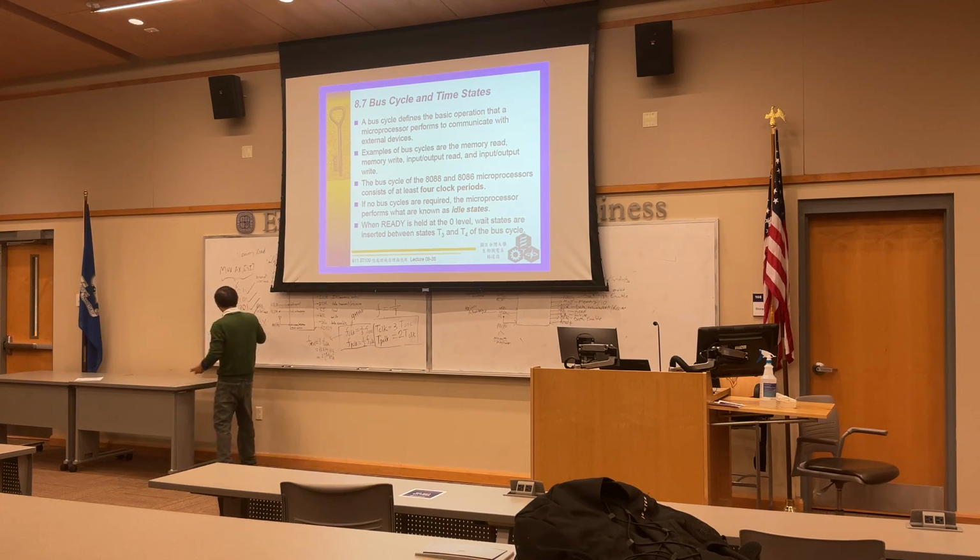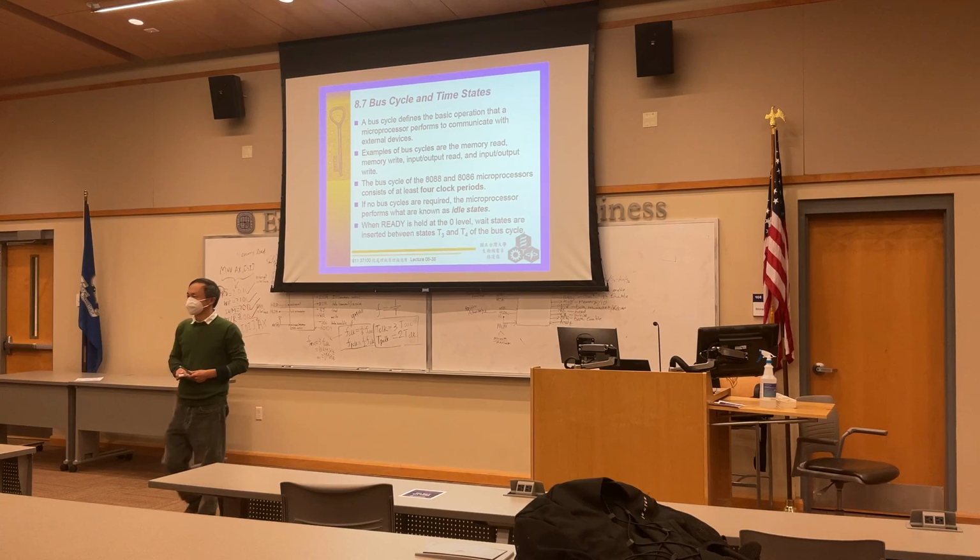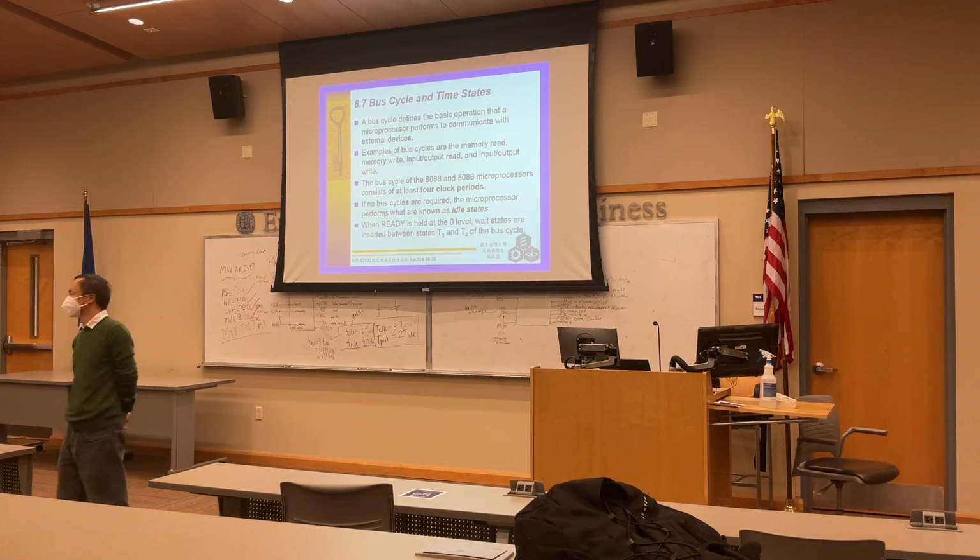Oh yes, you're right. We're still in memory mode, so this one should be 0. So this red value is 1. Still memory mode. But if it's IO, then it should be 1. Any question?